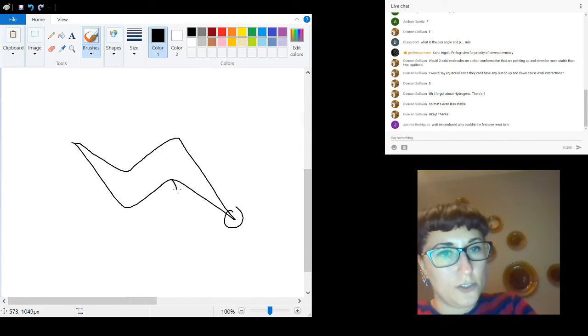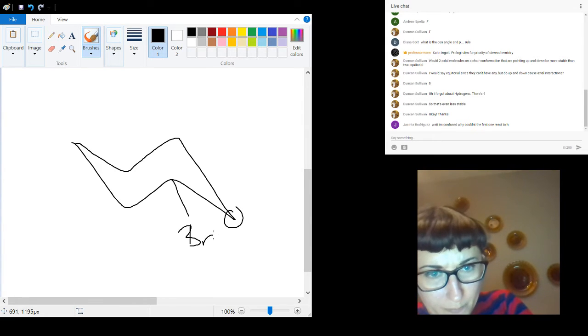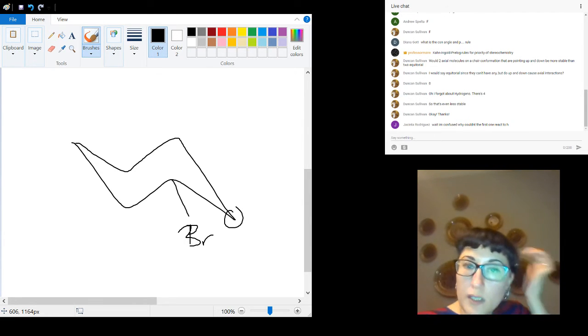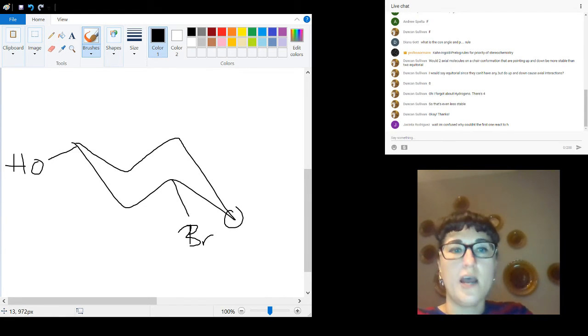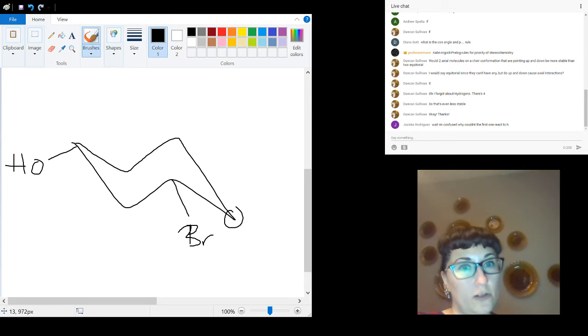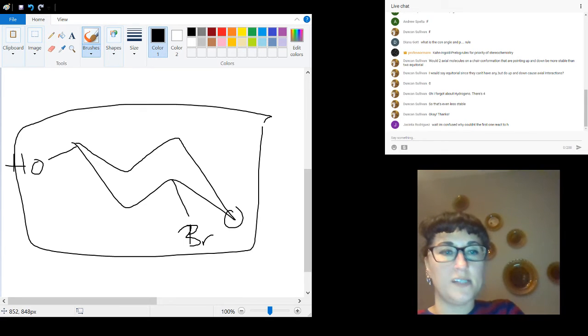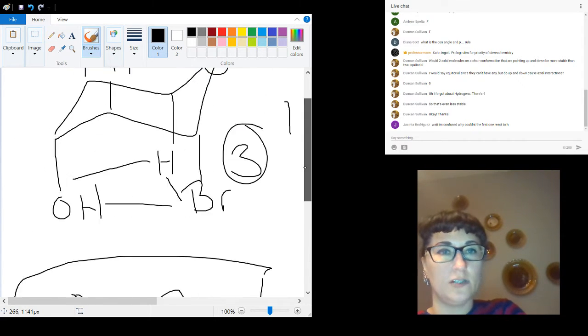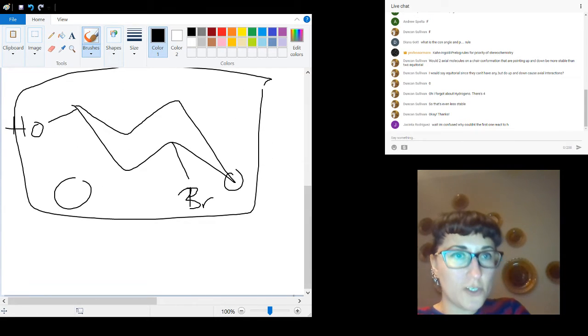So now the bromine is going to be in the equatorial position. The OH is going to be in the equatorial position, and there will be no more 1,3 diaxial interactions. So this would be the most stable, once again, because it has 0 1,3 diaxial interactions, and this one has 3.